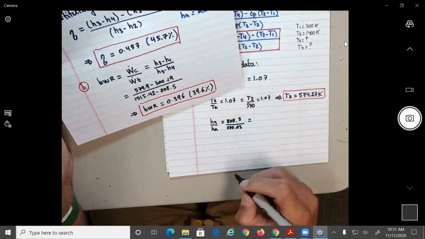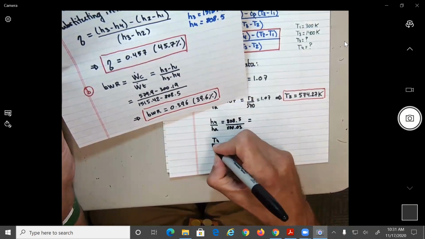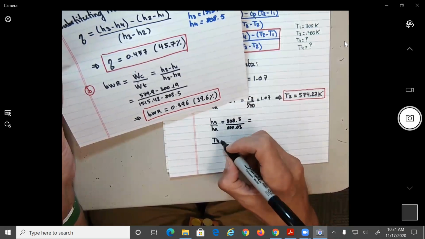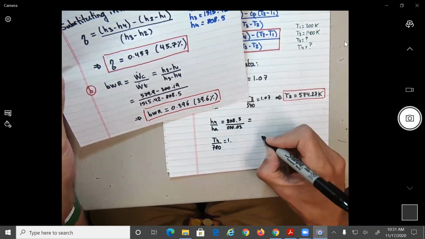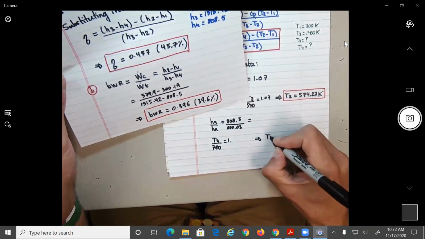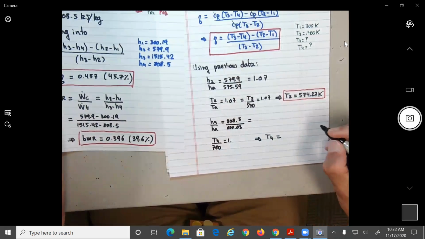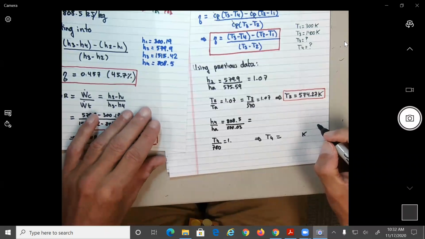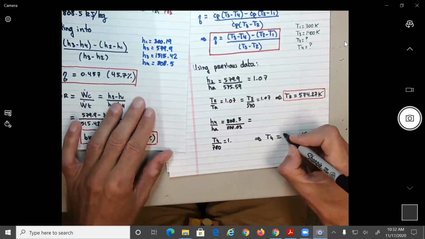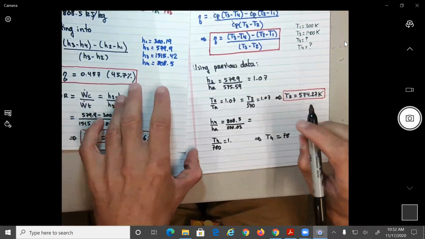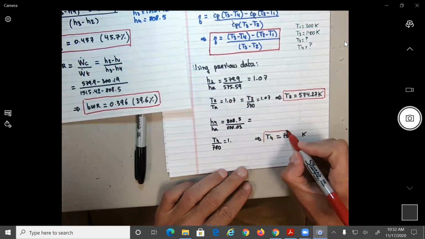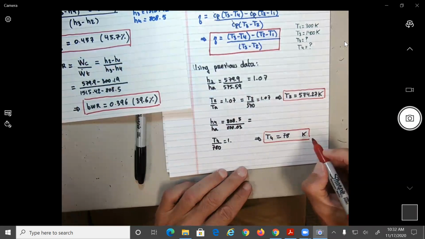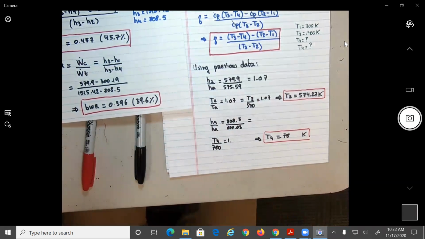You will give me what is the ratio, and then you have T4 over 780 equal to whatever that is. And this should give you the value for T4 in Kelvin. That will be 780 something. So I will pause and I'll wait for you to give me the values.